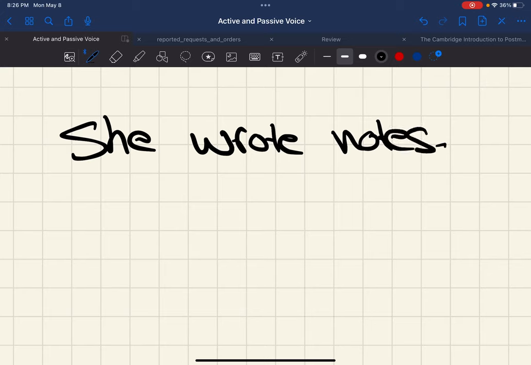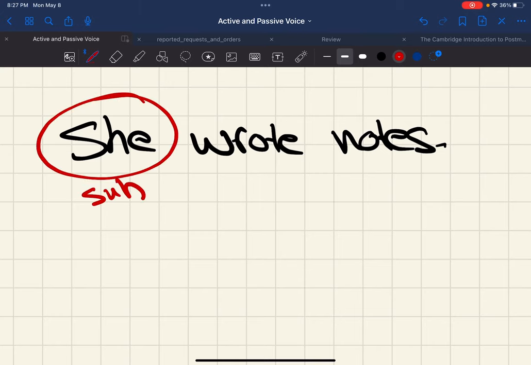Before you do anything, in the attempt to find the object, that is the direct object, which is the most commonly used one when changing anything from active to passive, we must understand the components of your sentence. First, you have to find your subject, which is she. You have your subject here.